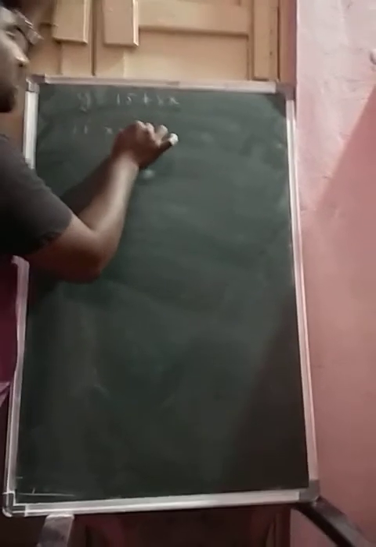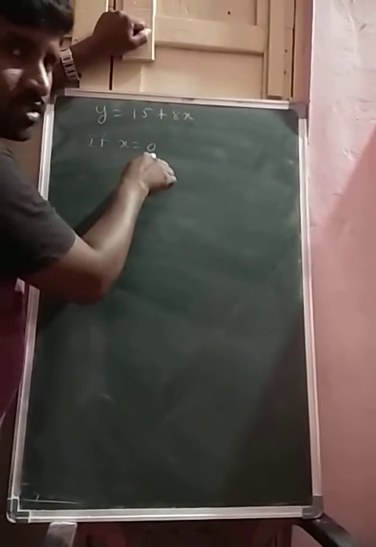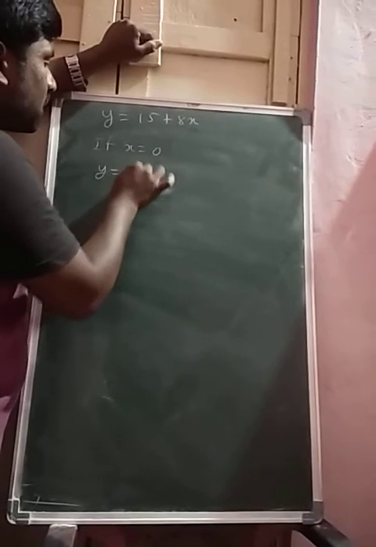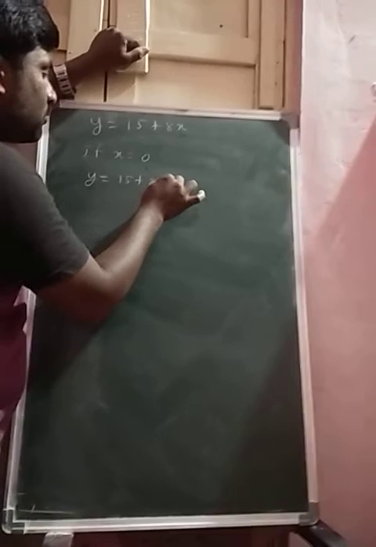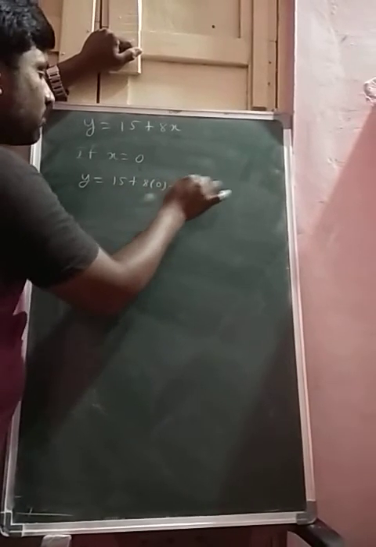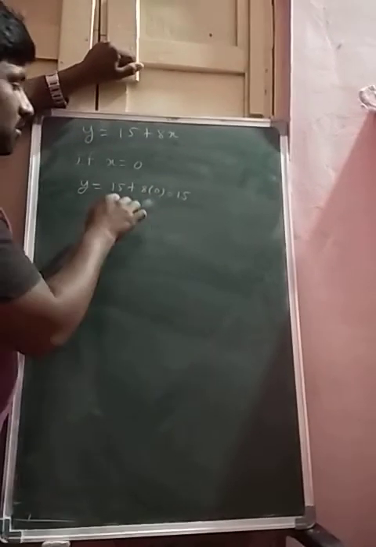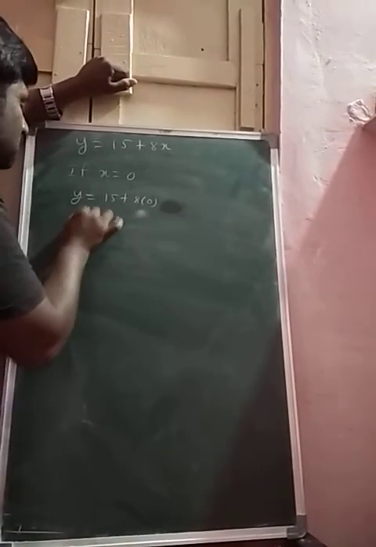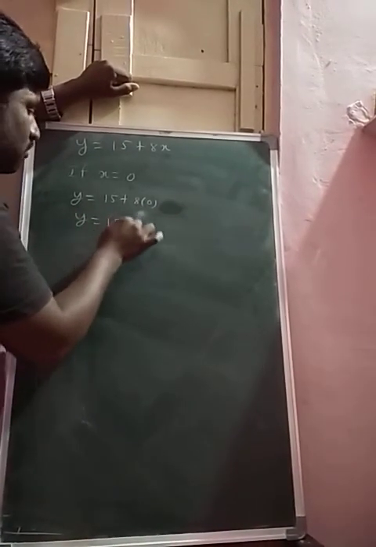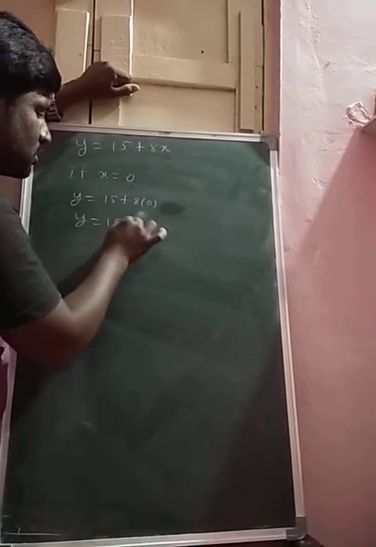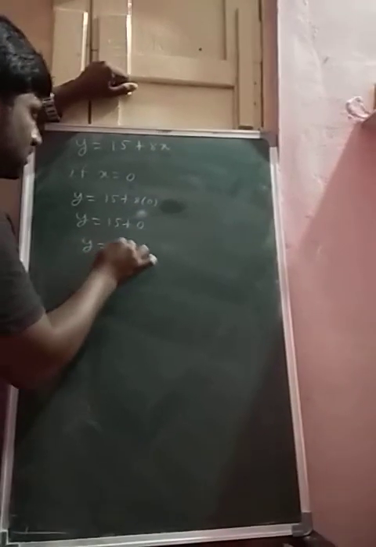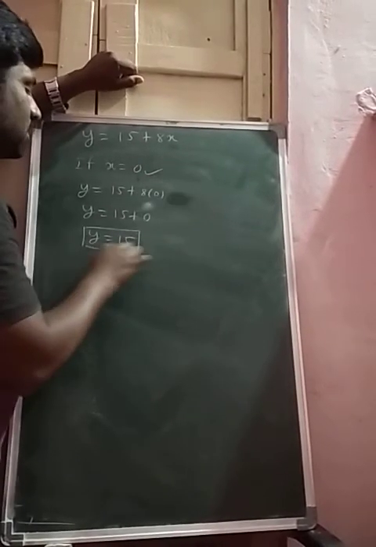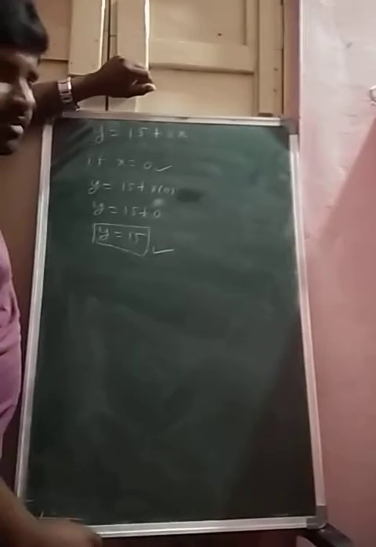If x is equal to 0, then y is equal to 15 plus 8 times 0, which is 15. So if I take x value 0, I get y value 15.